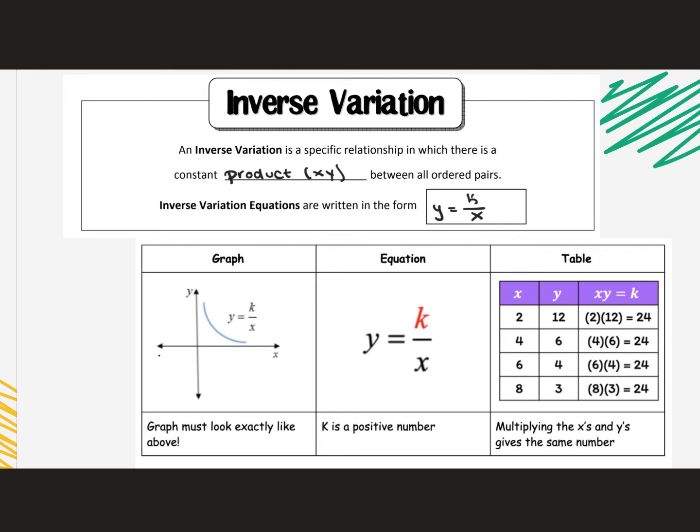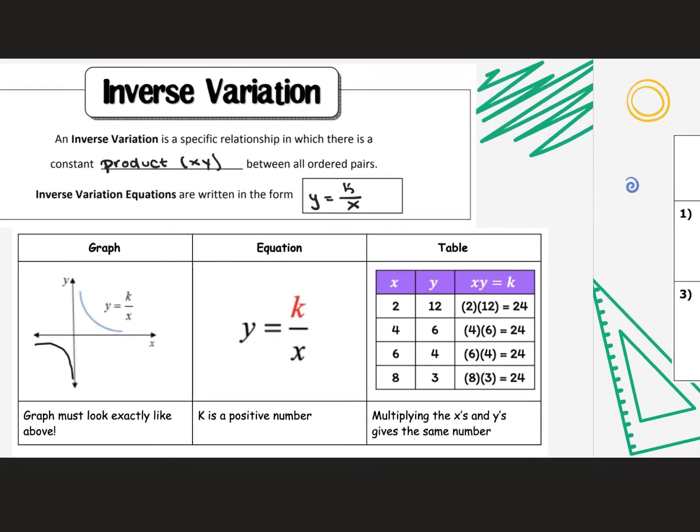It's called an inverse variation because we can see that the graph is going in two different directions. Again, the equation, we have k over x. Again, k can be negative as well, but mostly in Algebra 1 we focus on positive. And then to find the constant k, you multiply your x and y, versus looking at the ratio of y to x.